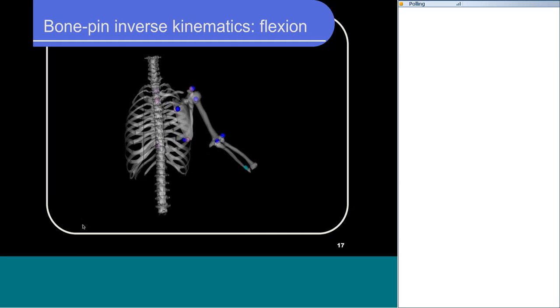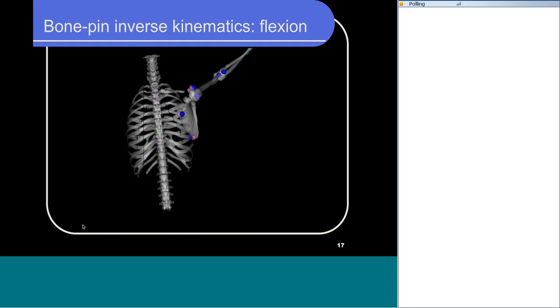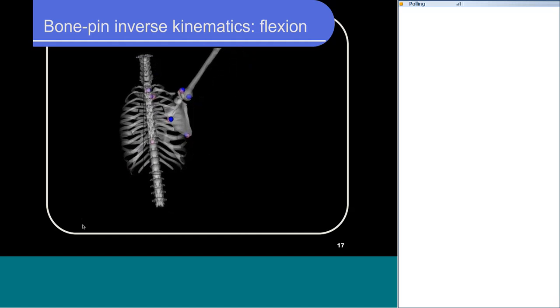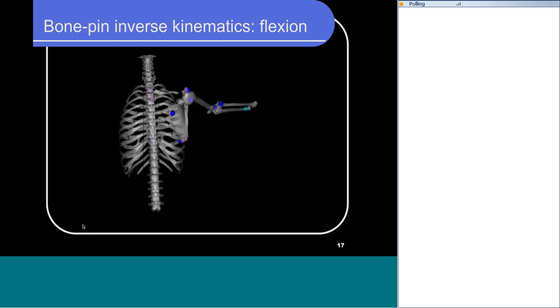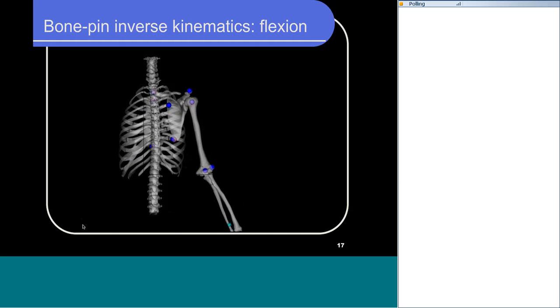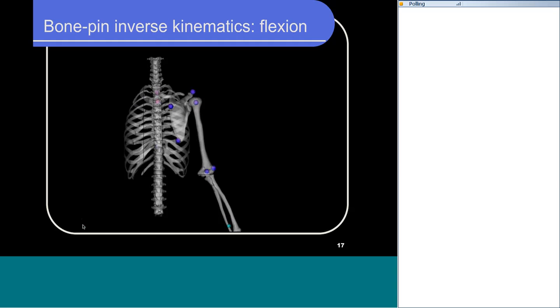So here we're looking at the flexion task. The arm is elevating forward and up. And you can see that we're getting very good correspondence between the experimental markers and the model markers.